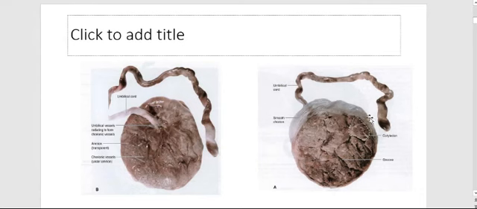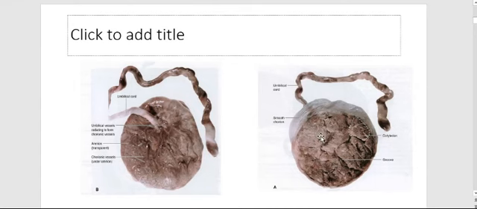This is the maternal surface. It is irregular, as you can see, and it's divided into small lobules. This is one lobule, another lobule, another lobule.